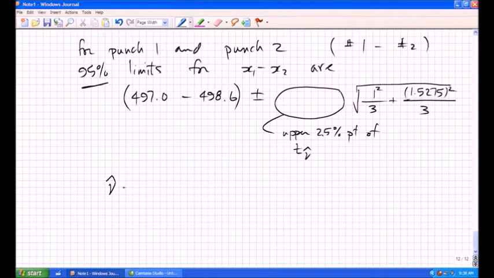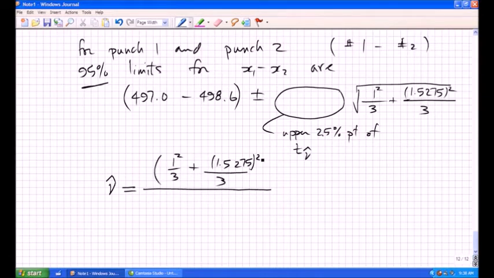And if you do the arithmetic, taking 1 squared over 3 plus 1.5275 squared over 3, squaring that and putting it over 1 to the 4th over 2 times 3 squared plus 1.5275 to the 4th over 2 times 3 squared, you get 3.45.